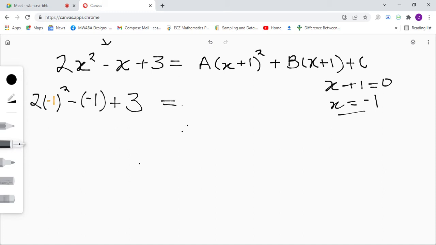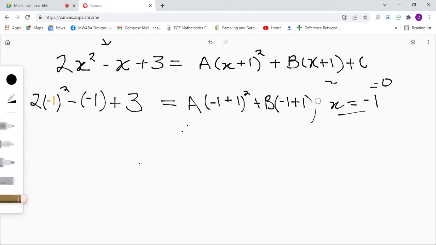And what we do on the left hand side, we also do on the right hand side. So we say A, open brackets, -1 plus 1, squared, plus B, open brackets, -1 plus 1, plus C.